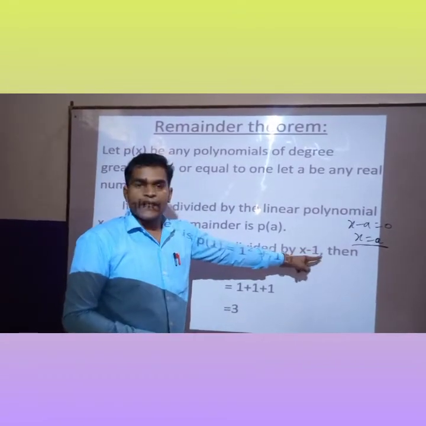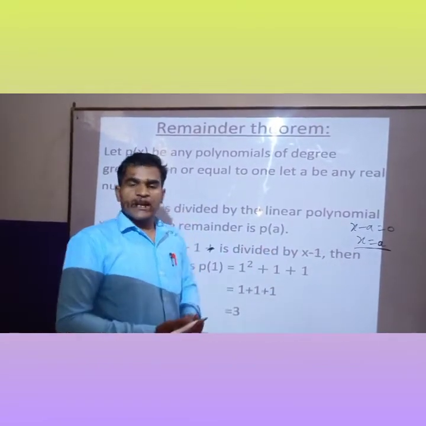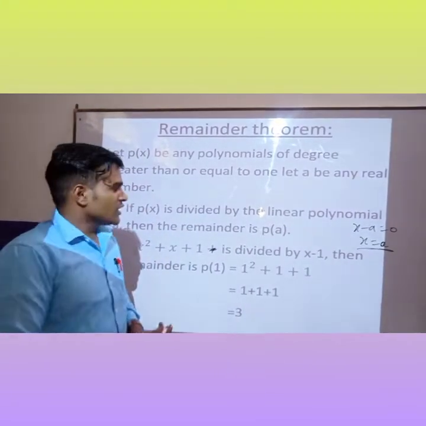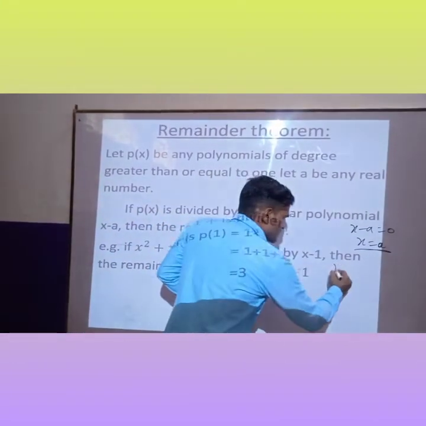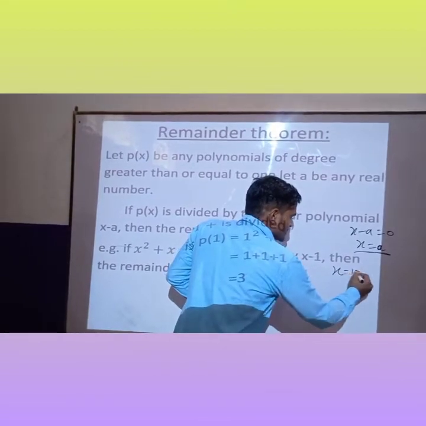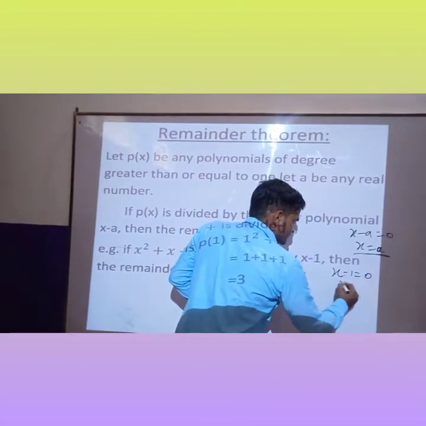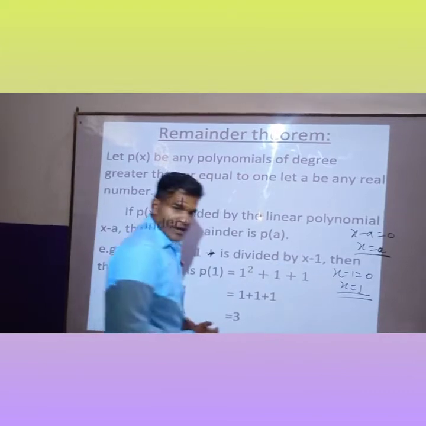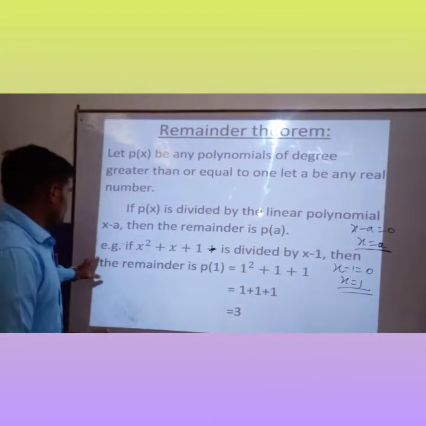It is divided by x minus 1, which is a linear polynomial. Students, what is the zero of x minus 1? The zero of x minus 1 is 1.